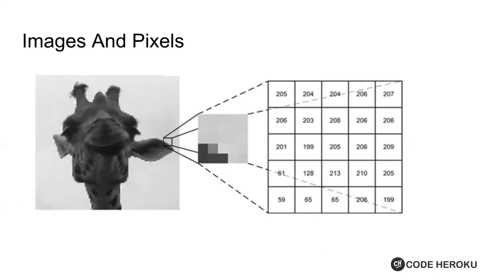This is how a grayscale image looks and how it is structured. You keep zooming in on an image and you will reach a point where you can't break it down anymore. For digital images at least, you will reach a point where you can't divide them anymore. The region that you have is the pixel of that image, and each pixel in a grayscale image can range from 0 to 255.